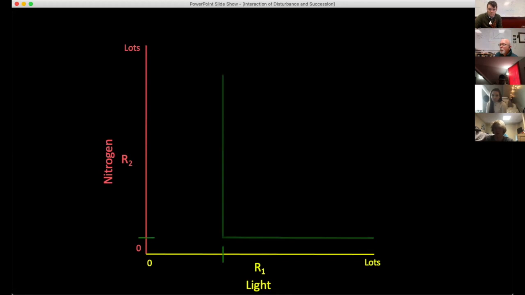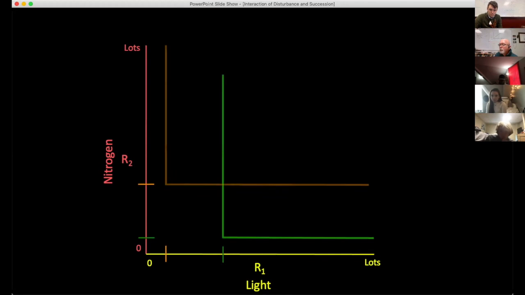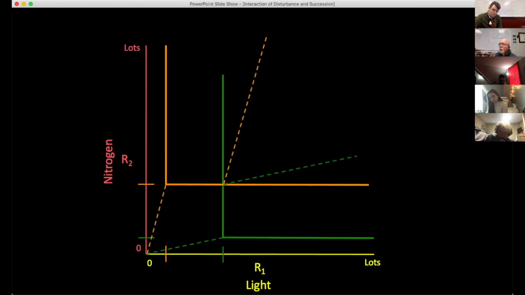Here we have two species that are now considerably further apart in their resource needs. As a result, they now have a much broader range of resource ratios, the ratio of nitrogen to light, in which these two species can coexist. So once again, it should intuitively make sense to you what the model is trying to describe.